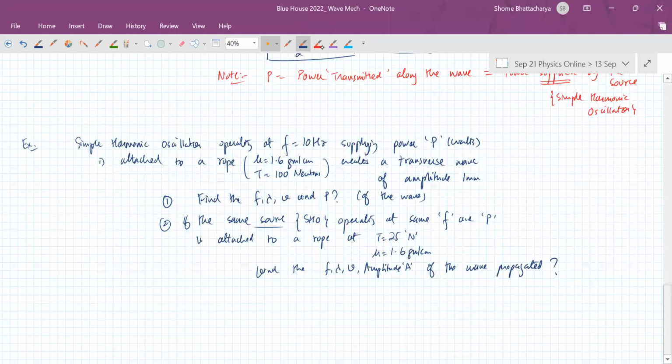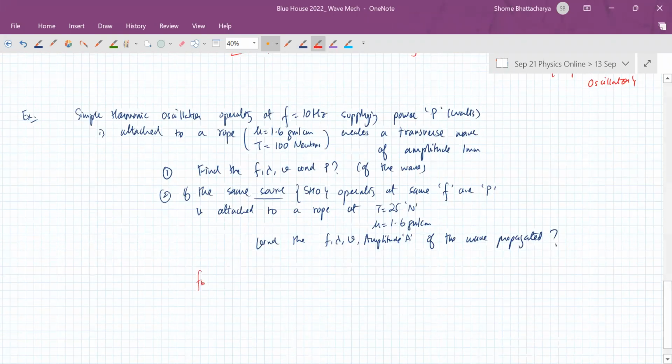So you have to remember that the frequency of the wave is basically the frequency of the source. That is the thing which is determined by the source. So the frequency of the wave will be 10 hertz, but the propagation speed of the wave depends on the medium properties. That is purely a property of the medium.